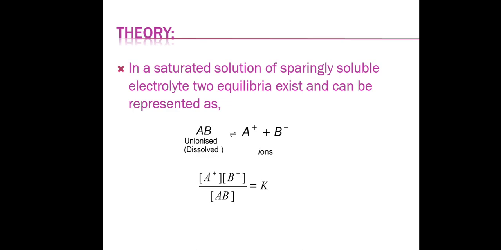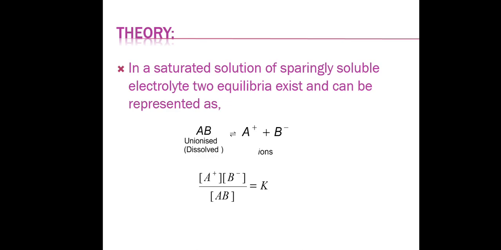Now, whenever we dissolve a particular electrolyte in such a medium where it is very less soluble, there exists an equilibrium between two species. One is the undissociated, unionized electrolyte, since it is not totally soluble in that medium, and the next is the dissociated ions.